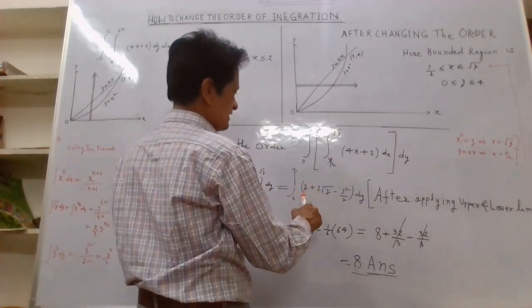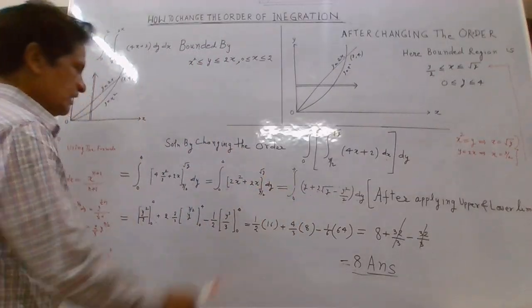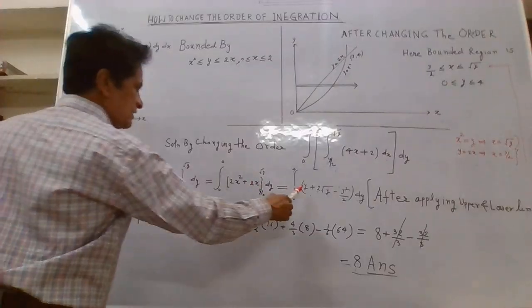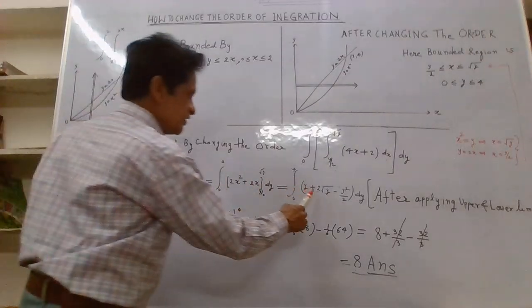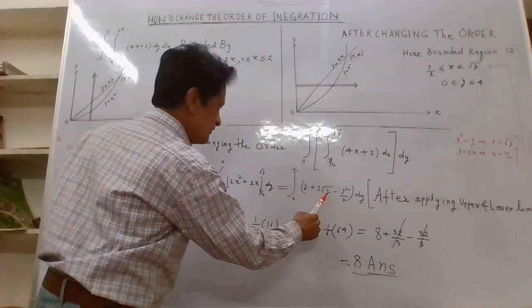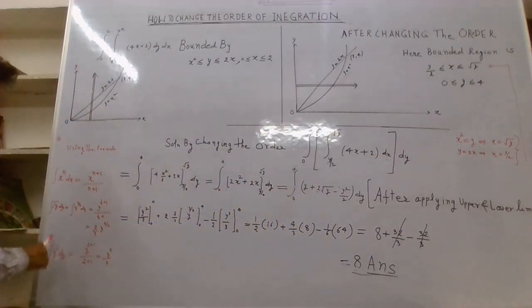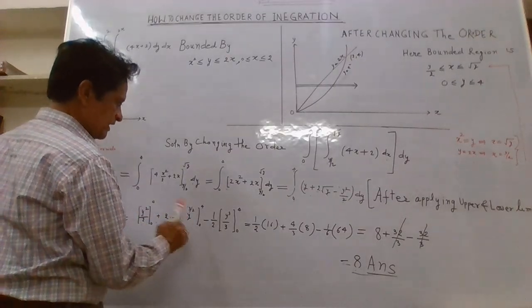Secondly, we now integrate this part with respect to y, and these are the limits of y. Let us see the same formula we will apply. The integral of y is simply y square by 2, limit 0 to 4. This 2 is here. And the integral of under root y is y to the power 3 by 2, which I have written here, 2 by 3 times y to the power 3 by 2.